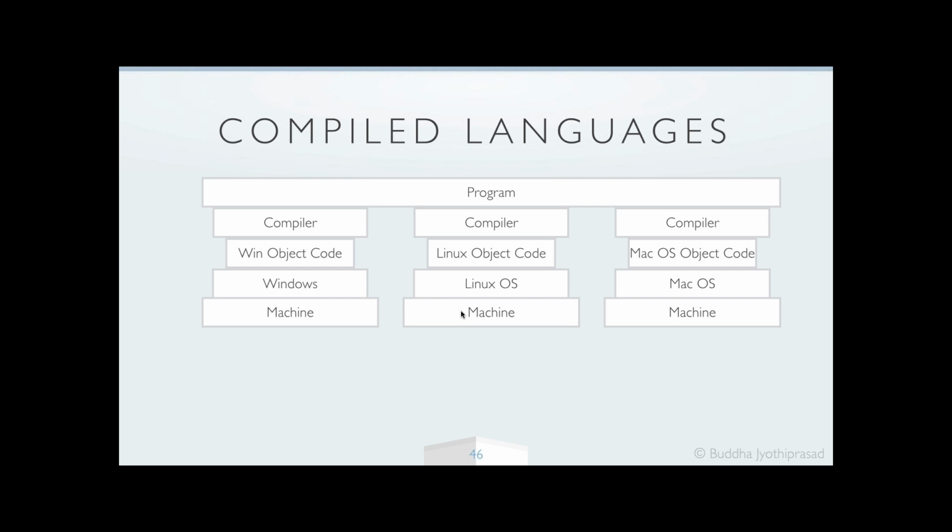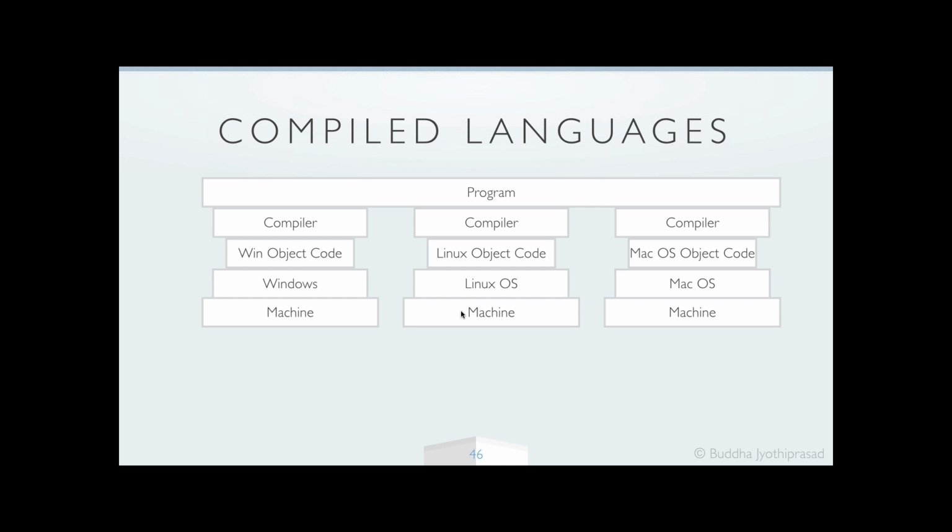That's why the exe files that can be executed on Windows cannot be executed on Linux, or .app files that can be executed on Macintosh cannot be executed on Windows.